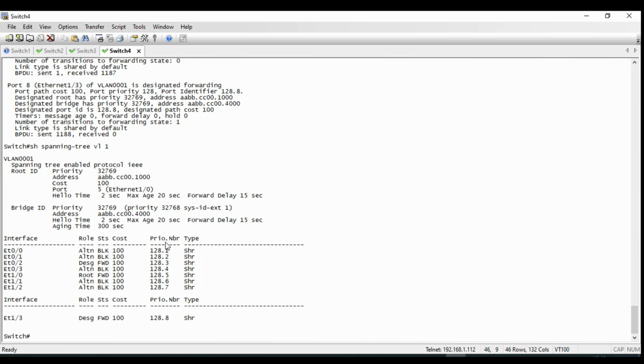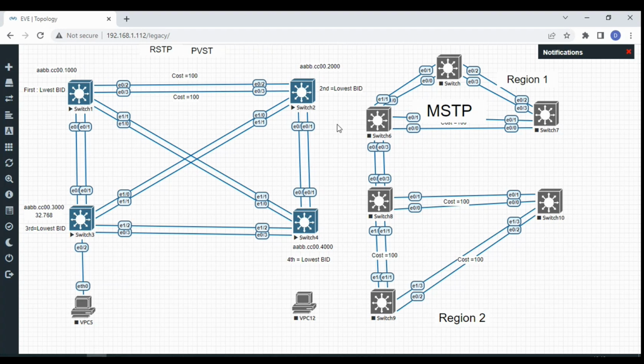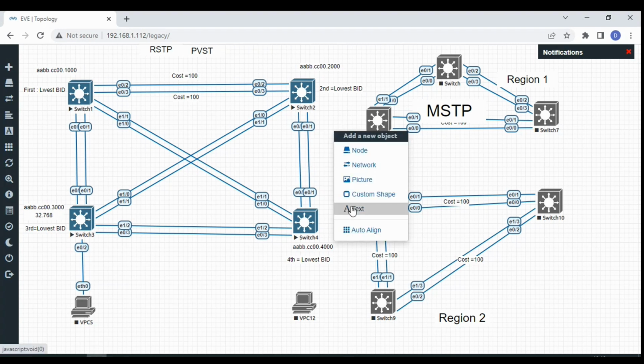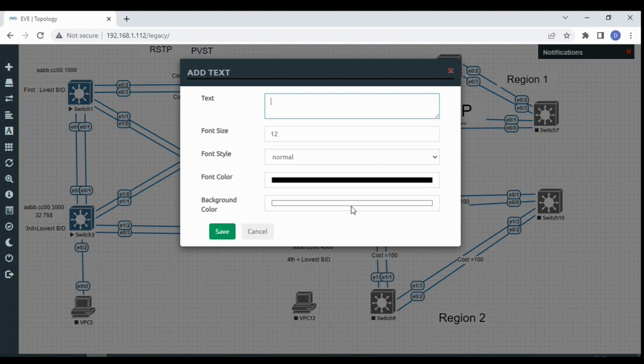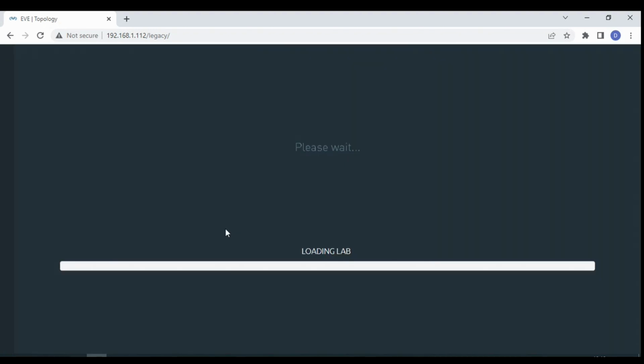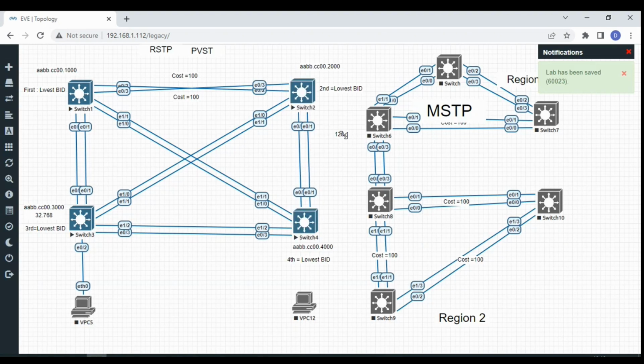So port priority dot neighbor is 128.1. Tell me, if this value is not there, which I told you, 128.1, if this value is not here on this port, then how will this switch come to know to form a root port election?